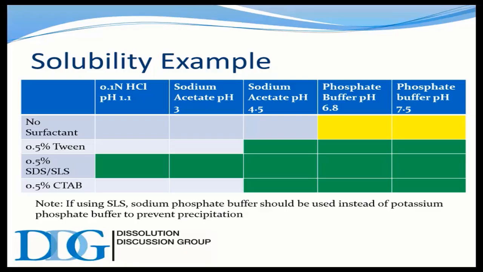One thing I do want to note about SLS is that if you are using SLS, that is not going to go well with a potassium phosphate buffer. You always want to use a sodium phosphate buffer because you'll have that SLS crash out of solution when it's cooling in, say, your HPLC vials or test tubes after you collect the sample. Next slide, Brian.